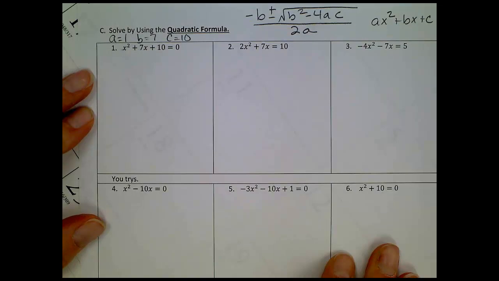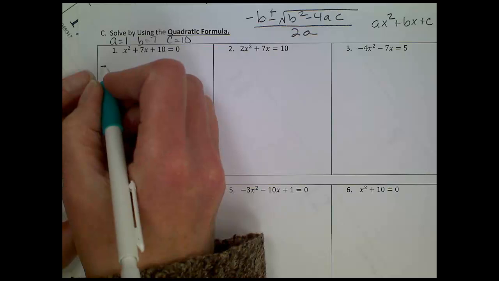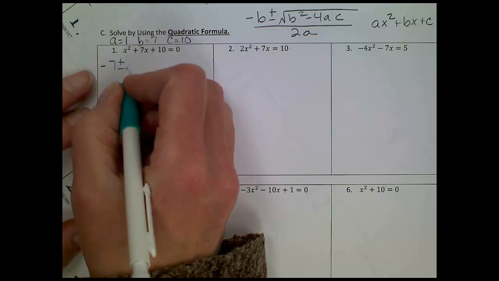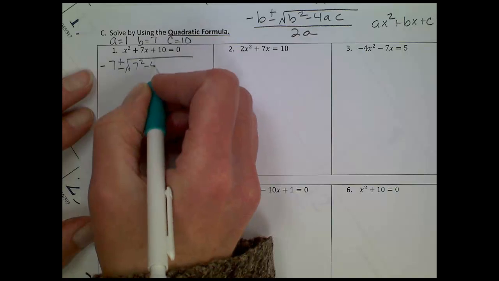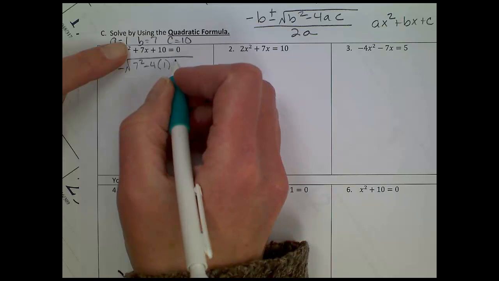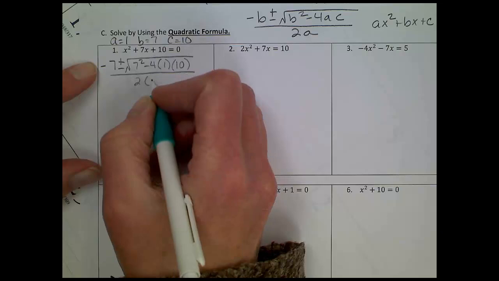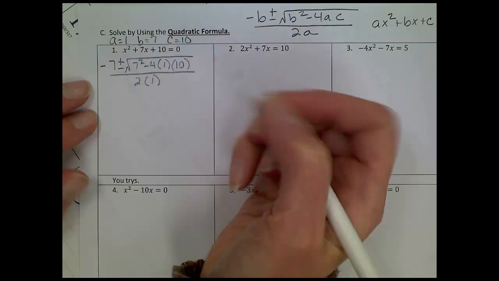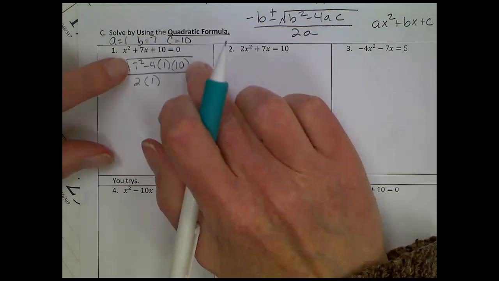So we're going to plug it into our formula. Negative b, so it'll be negative 7 plus minus the square root of b squared, so we'll have 7 squared minus 4 times a, which is 1, times c, which is 10, all over 2 times a, so it'll be 2 times 1. And then we just start simplifying from there. So start with what's on the inside of your radical.